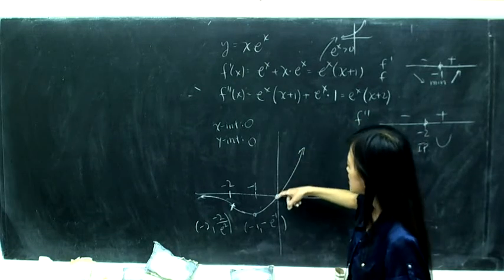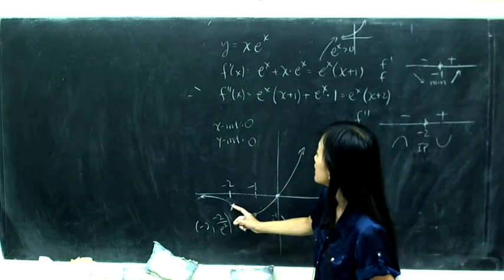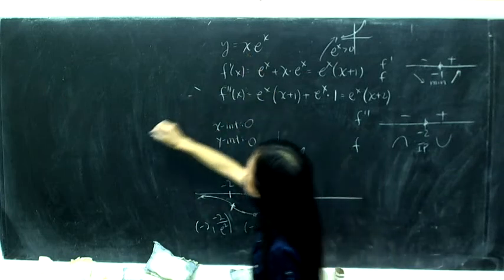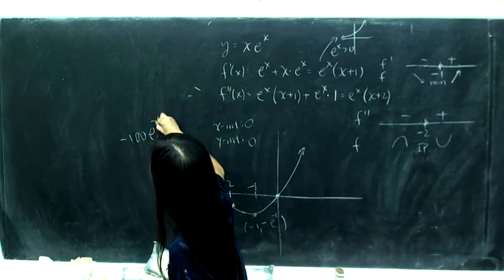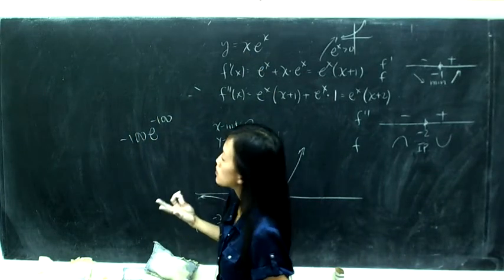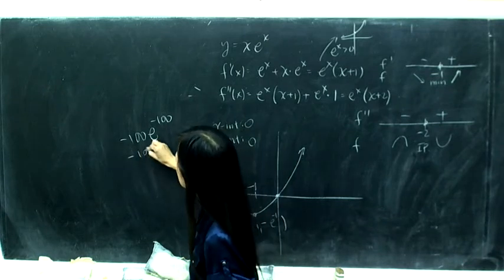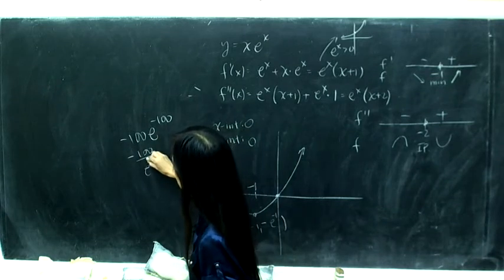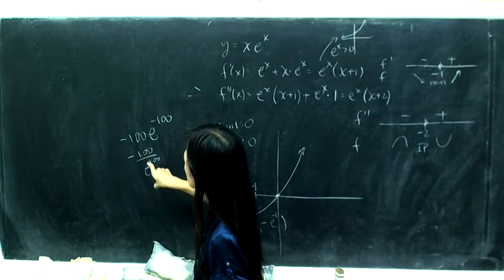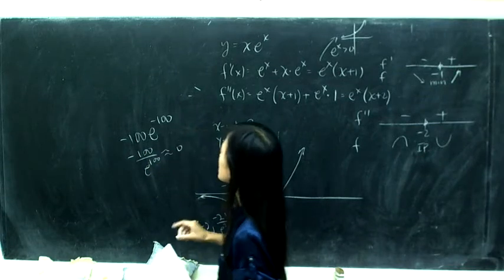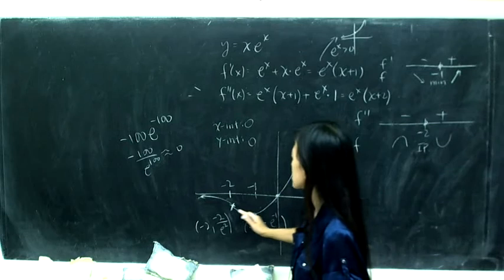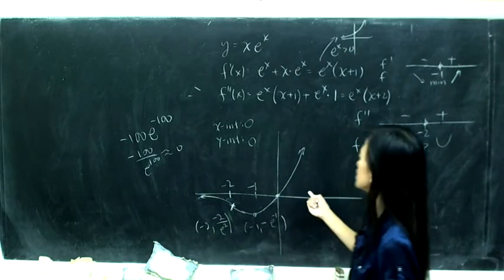So it heads like this, minimum, comes back, and as you sub smaller numbers in, you have an idea of what it's going to look like. Almost 0, right? It's like -100 over e to the -100, so this is a very big number. A small number over a really big number is about 0, but not quite 0. So that's why it's going to keep approaching it. So that's the idea.